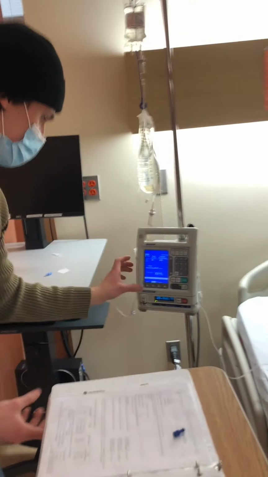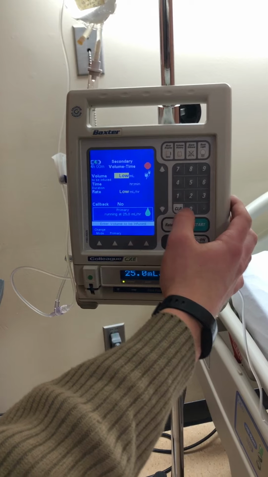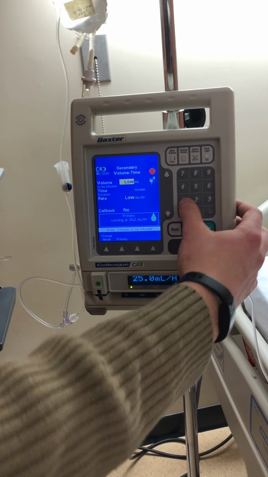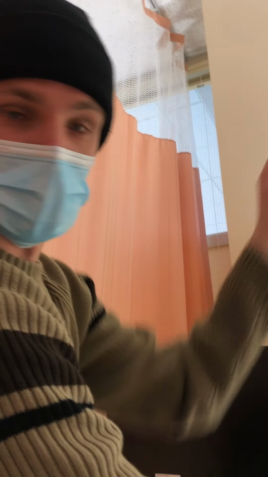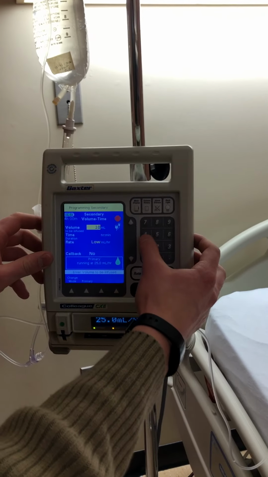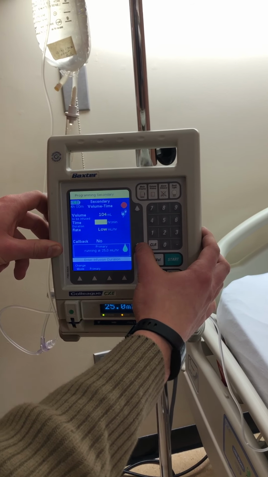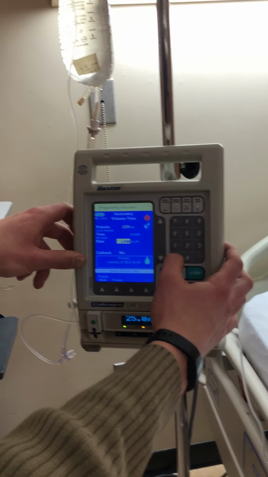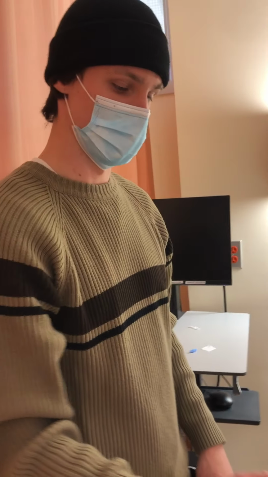So now I can set the rate of the secondary. So I go here. The volume to be infused is 104 milliliters because it's a 100 milliliter bag. I added 4 milliliters of medication, so the total is 104. And then time, it should take an hour. And rate, I'm going to set as, it can be administered over from 30 to 60 minutes.